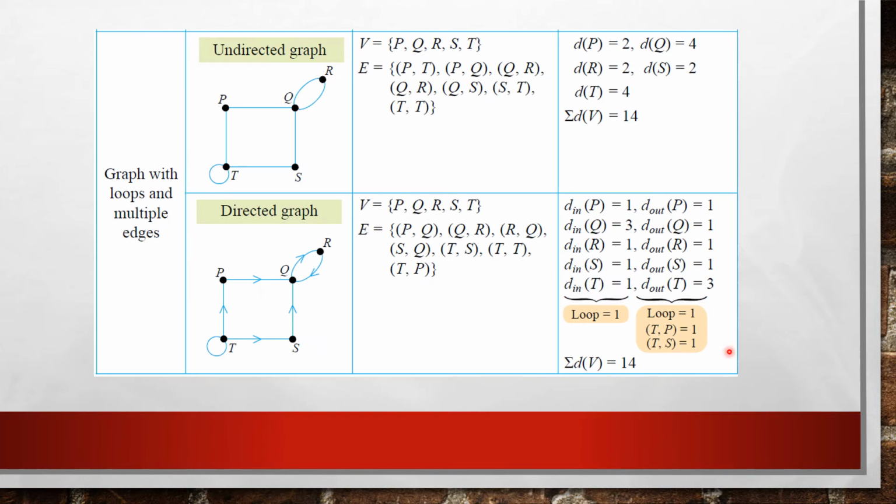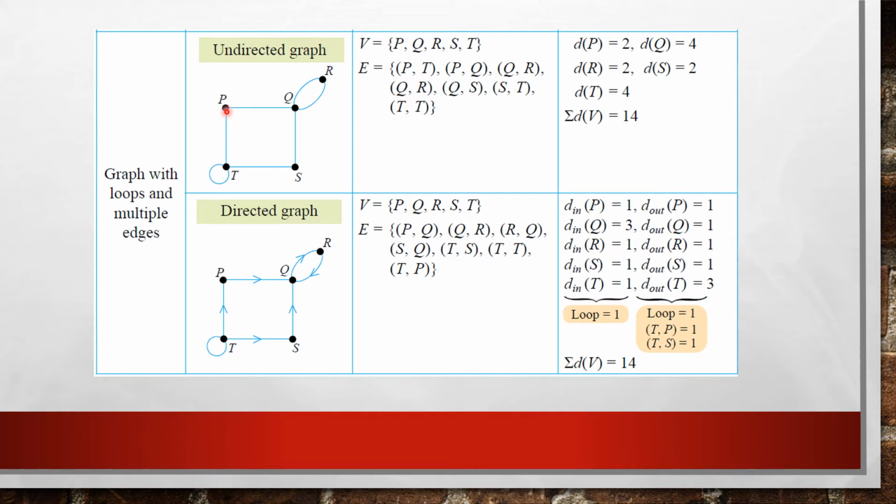Next, we look at a graph with loops and multiple edges. For an undirected graph, which we already learned before, the vertices are the dots given: P, Q, R, S, T. Next, the edge: you can write PT, or you can write TP also, because there's no arrow.